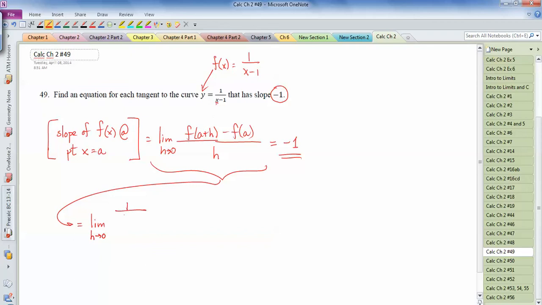So it's 1 over a plus h minus 1, and then minus f of a, and f of a is 1 over a minus 1, all over h. And then the way to get rid of the extra fractions is we'll just multiply the top and bottom by all the denominators. A plus h minus 1 times a minus 1. But then to keep the value the same, I've got to divide by that too.